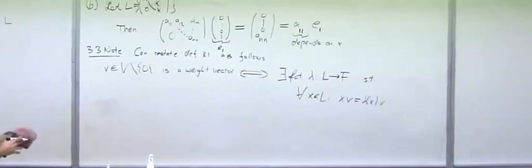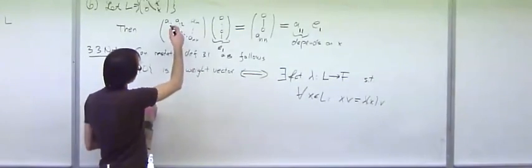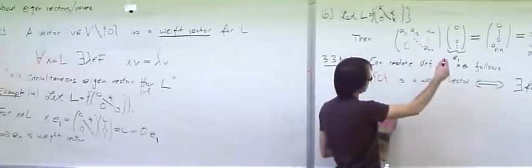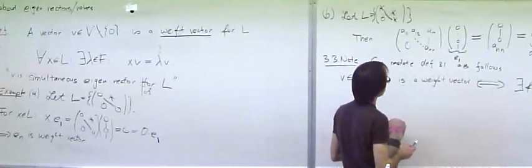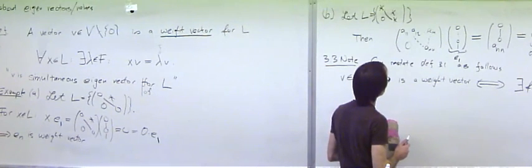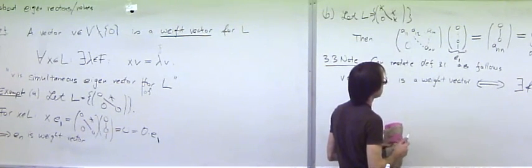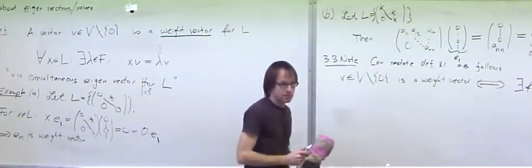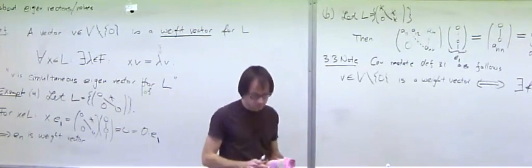Of course, if I take just diagonal matrices, then En would also be a weight vector, or in fact any of the standard basis vectors. Good.